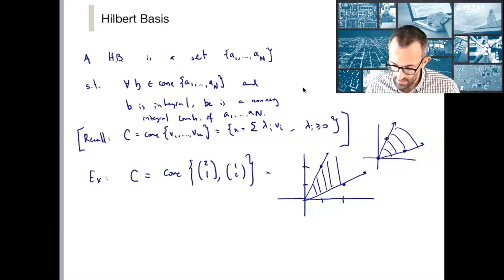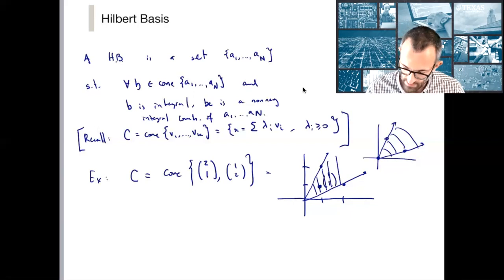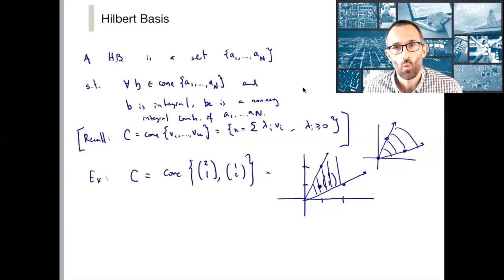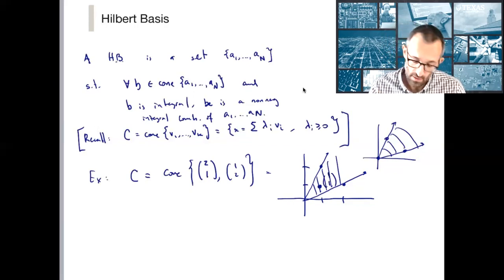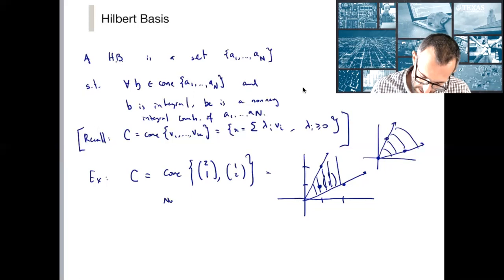And you can see that that's not true, because the point 1, 1 is clearly in C, but you can't write it as an integral combination of 2, 1 and 1, 2. So this is not a Hilbert basis.